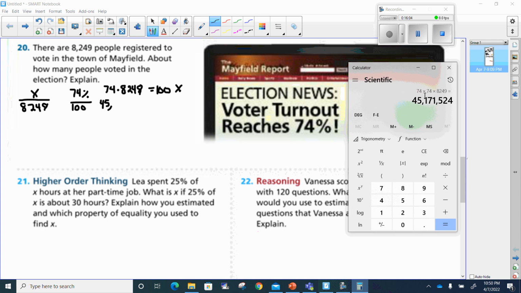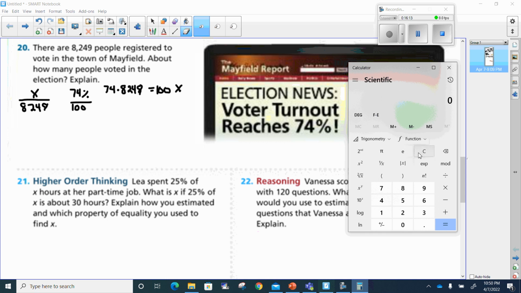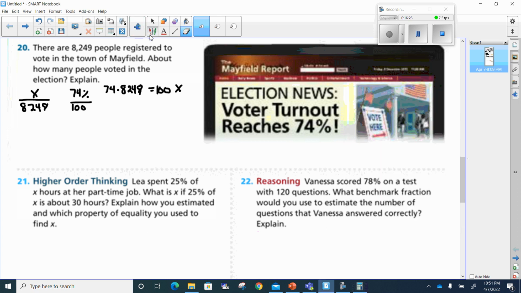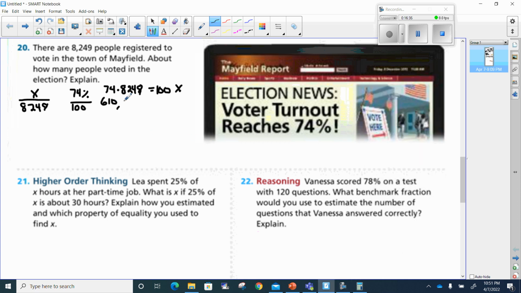Oh, wait a minute, I'm sorry, I got 74 times 74. I thought this was kind of a big number. Let's do this one more time. 74 times 8,249. Much better. 610,426.